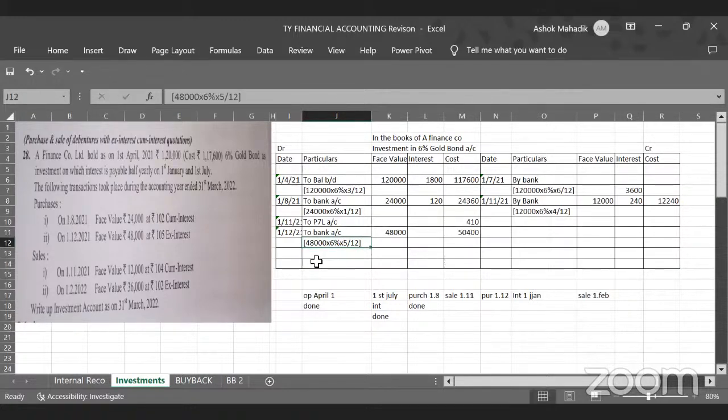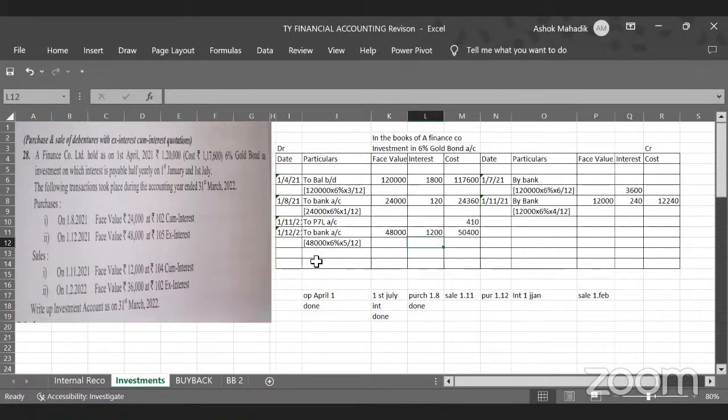So I'll calculate the interest amount: 48,000 into 0.06 into 5 by 12. It is 1,200. I hope this is clear, students.